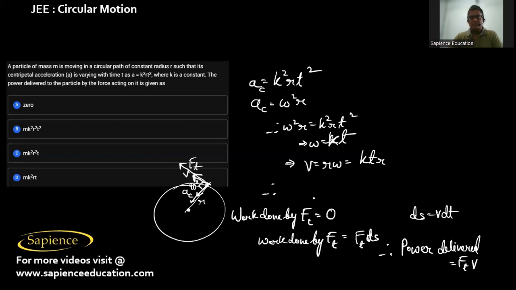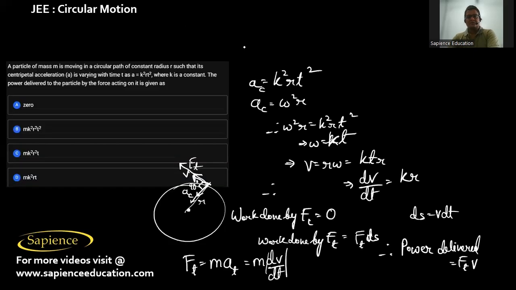The tangential force is equal to mass into tangential acceleration, and tangential acceleration is dv by dt. So from here dv by dt will be equal to k into r. So therefore the power delivered will be equal to Ft into v.